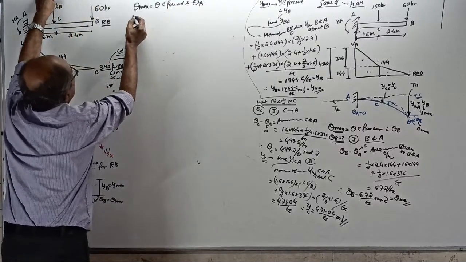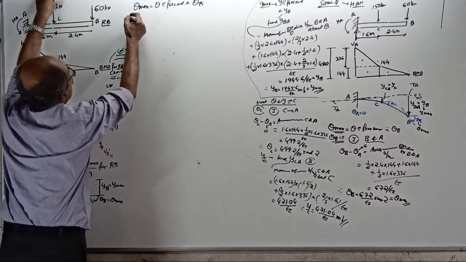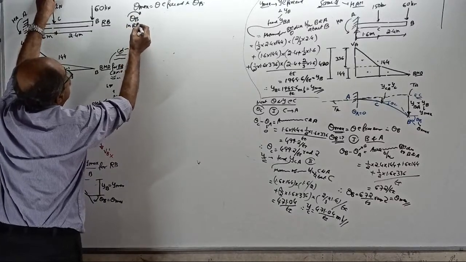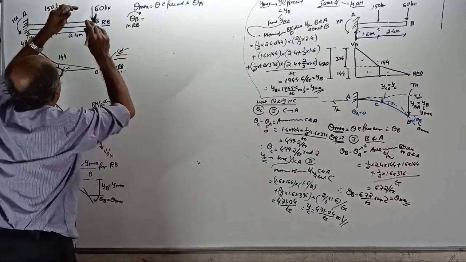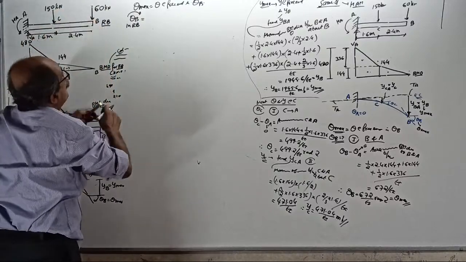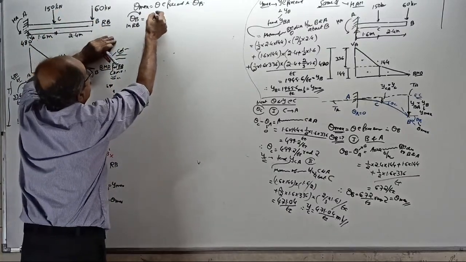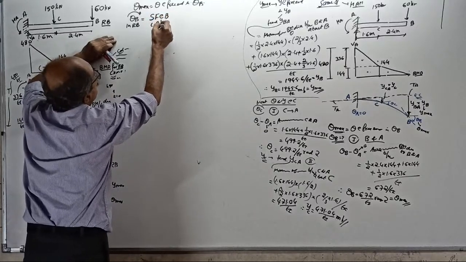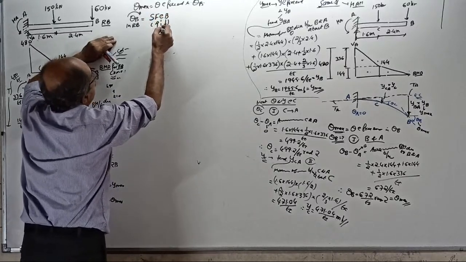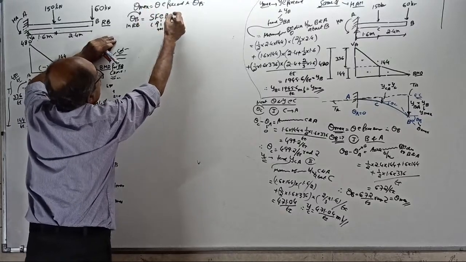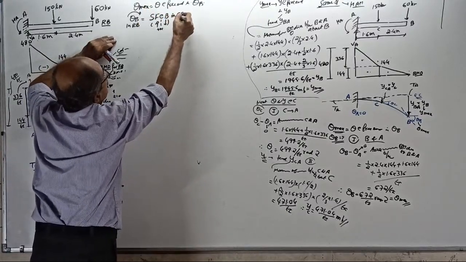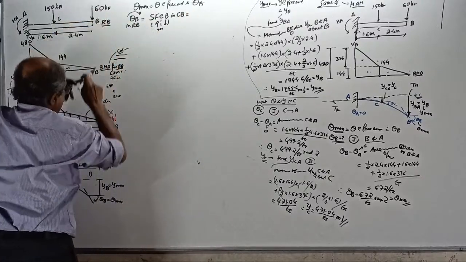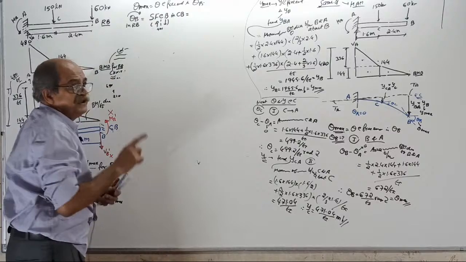Start. Theta B clockwise in the real beam equals the slope at B in the real beam, equals the shear force at B in the conjugate beam, left up positive, right down positive. Slope here is the shear force at B, the fixed end.